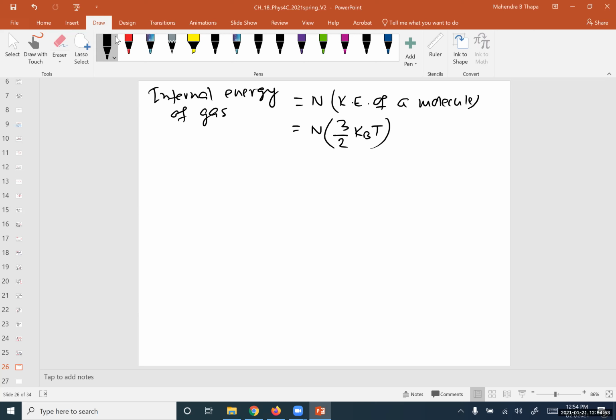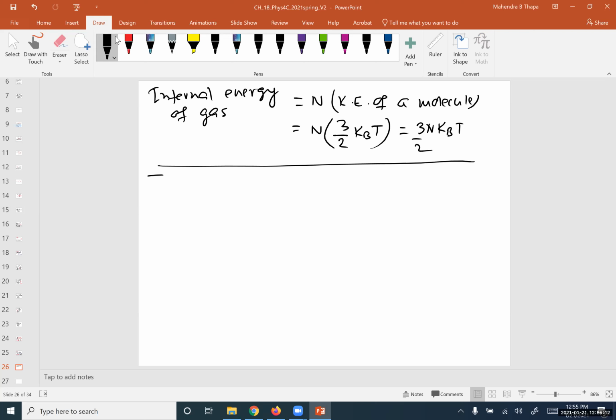So this is the total internal energy of the gas, 3NkBT/2. Okay, this is also one of the important concepts. So finally, we can say how we are going to interpret the temperature.